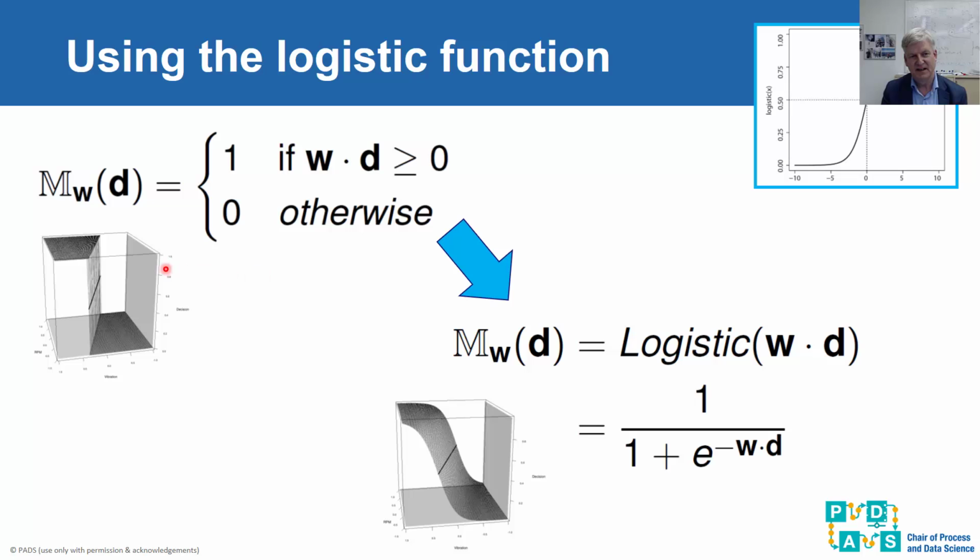So before we had something like this. So depending on the value of w times d, we would either have 0 and 1. So something that is not smooth. And we have now converted this problem to something that looks like this. So we now have a value between 0 and 1. So the range is exactly the same as before, but the surface is now smooth.